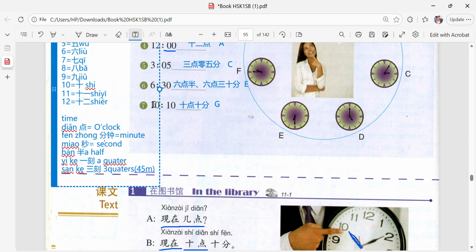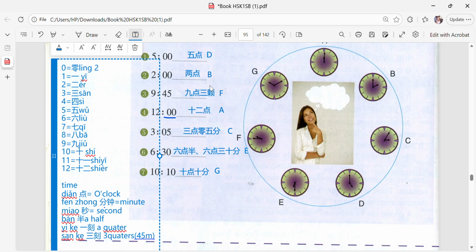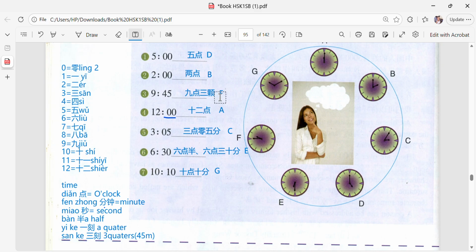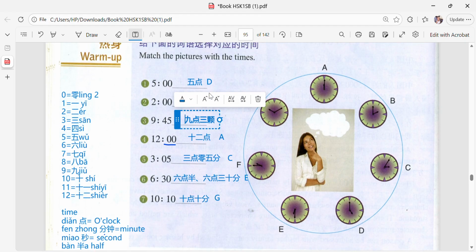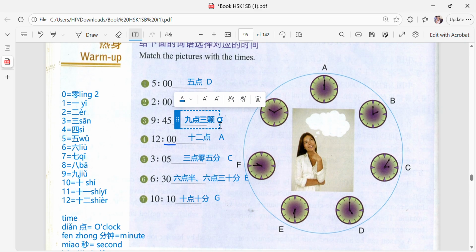And then we have sān kè. Sān kè is like 3/4. Are we together? Like here, 9:45. 9:45 here is sān kè. So Grace, if you didn't do the matching exercise, you can see the letters, the corresponding letters for number 1 up to number 7. Okay.